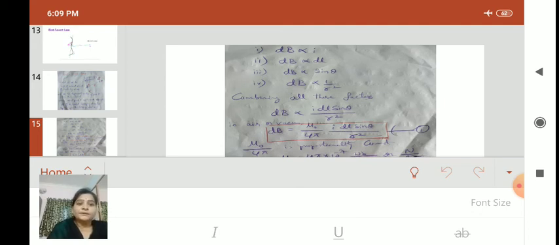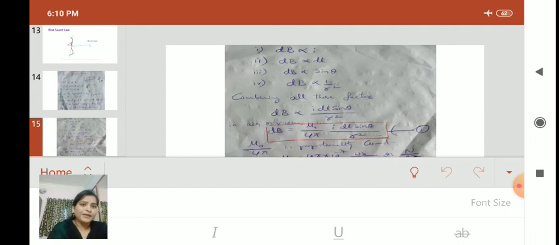And the magnetic field at point P is directly proportional to the sine of the angle between the elemental length and the position vector of point P. dB is also inversely proportional to the square of the distance of the point where we have to find the magnetic field, that is, 1 by r square.